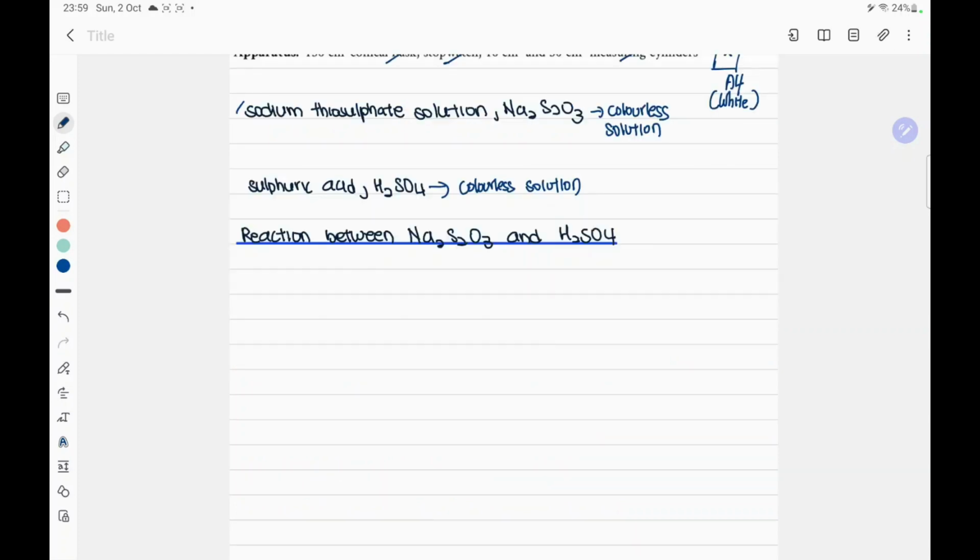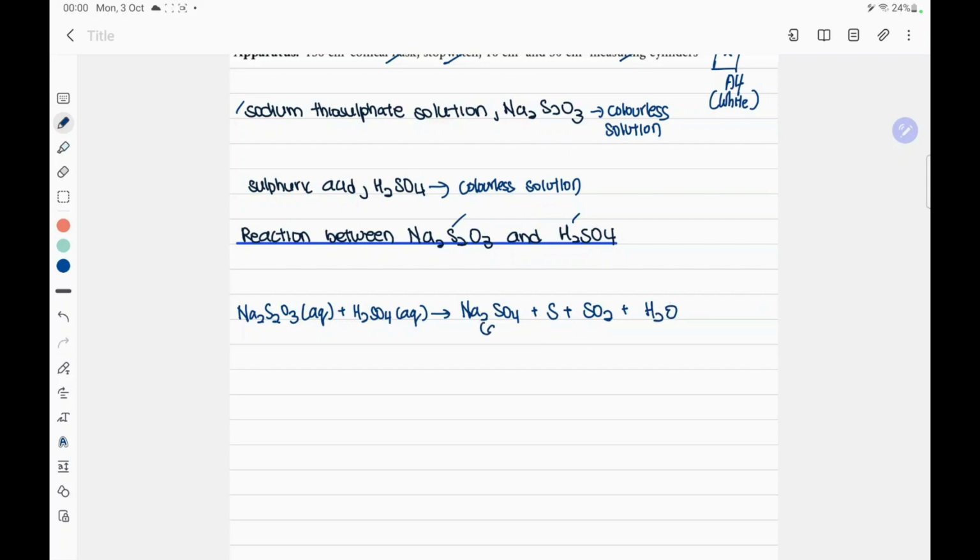And in this experiment, we will mix this sodium thiosulfate solution with sulfuric acid, and then sulfur will form. So we have to know the reaction first. The reaction is this: Na2S2O3 in the aqueous form reacts with sulfuric acid in the aqueous form, and then you will get Na2SO4 plus S plus SO2 plus H2O.